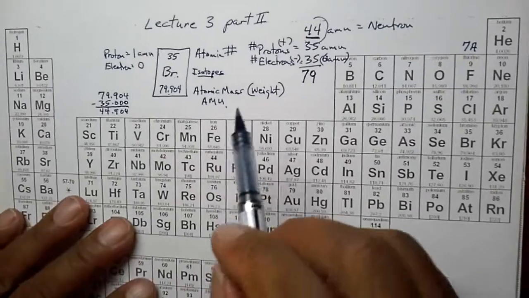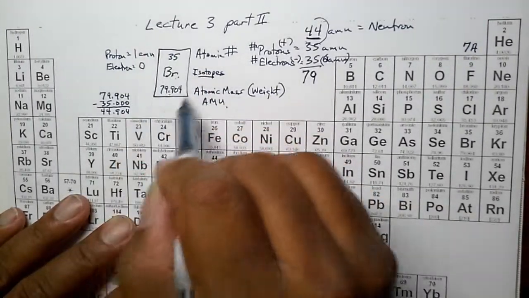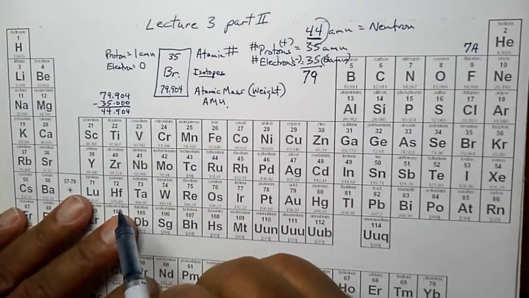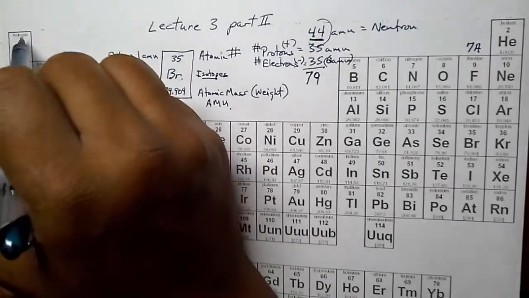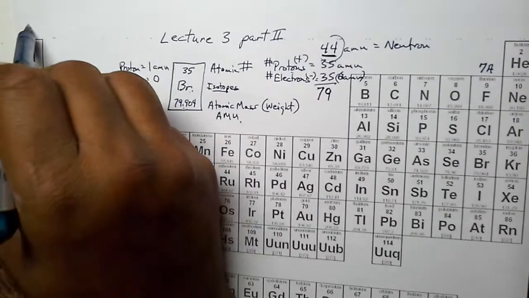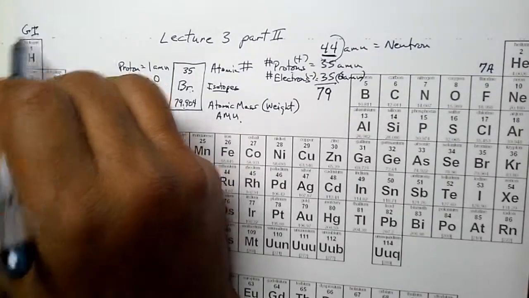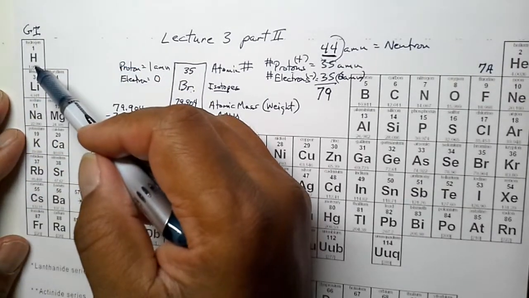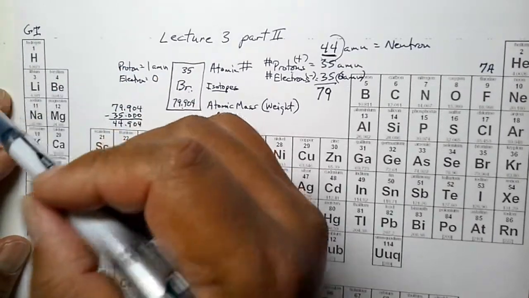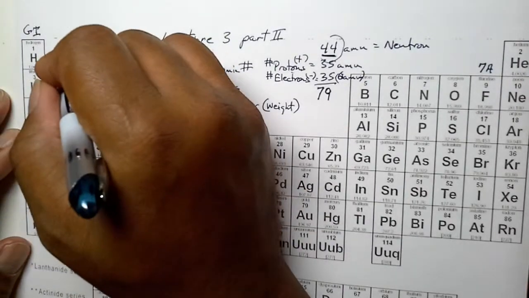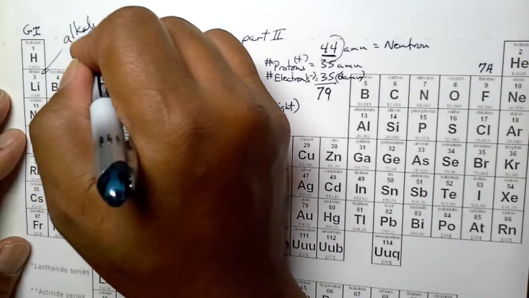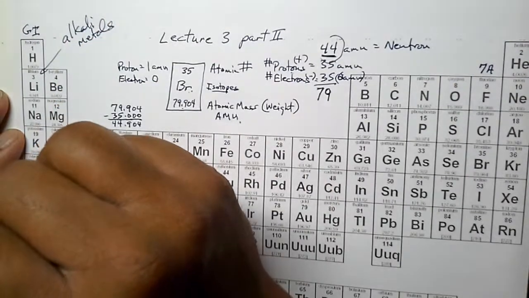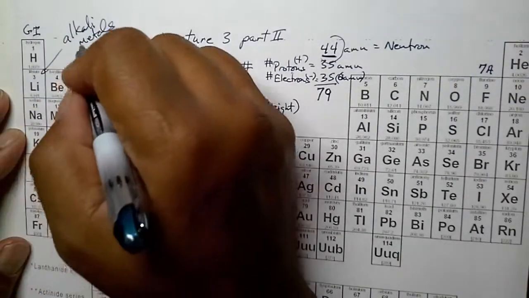Okay, well, this same process or this same structure applies, of course, to all the elements in the table. We begin over here with our group 1 elements. Group 1, with the exception of hydrogen, are all what are called alkali metals. Okay, they're very, very reactive with water.